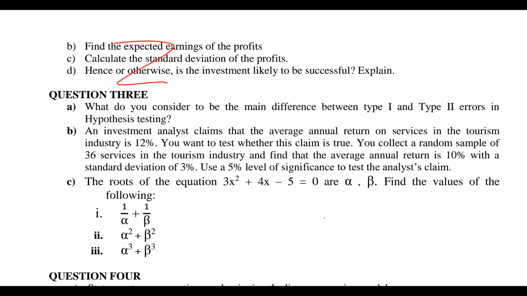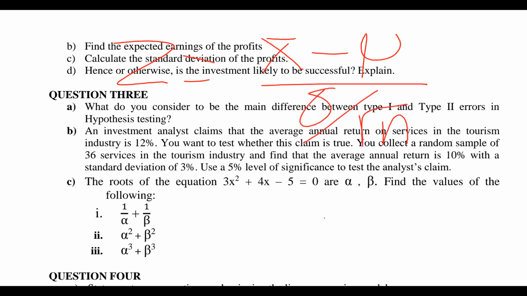There are two z-values: the calculated z-value, and the one you get from the table. The calculated z-value is found by x bar minus mu, over sigma divided by the square root of n, where n is the sample size, sigma is the standard deviation, mu is the population mean, and x bar is the sample mean.